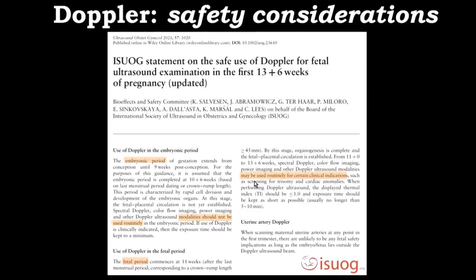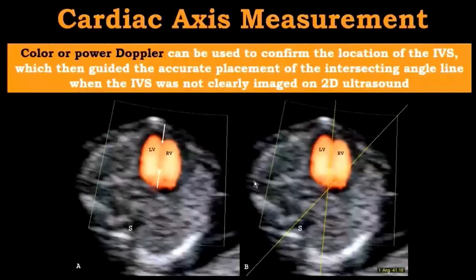But between 12 and 13 weeks and 6 days, where we perform our detailed ultrasound, it is considered a really valuable tool, and I think we all need to utilize it and be familiar with it. What are the benefits of using color Doppler briefly for the cardiac assessment?